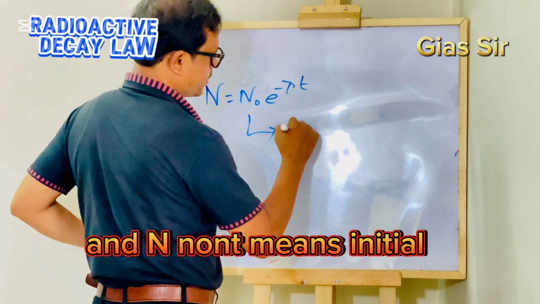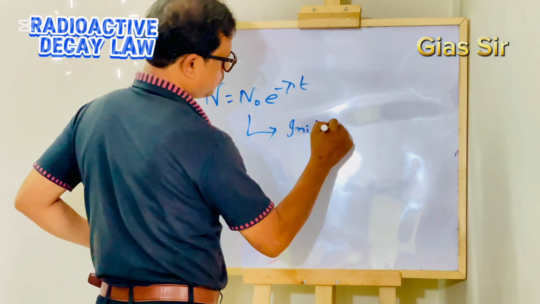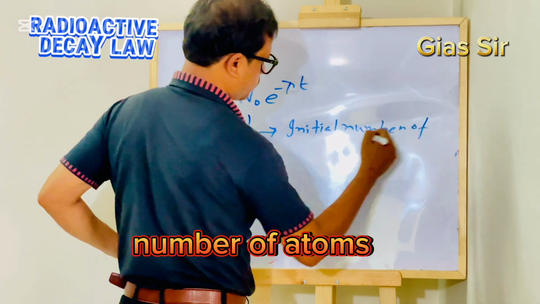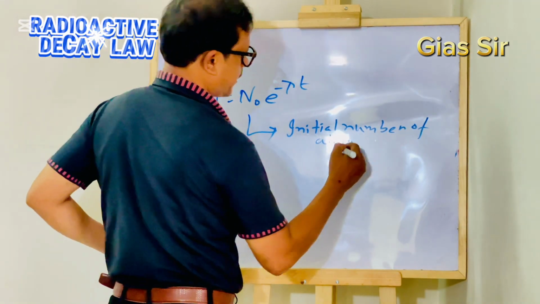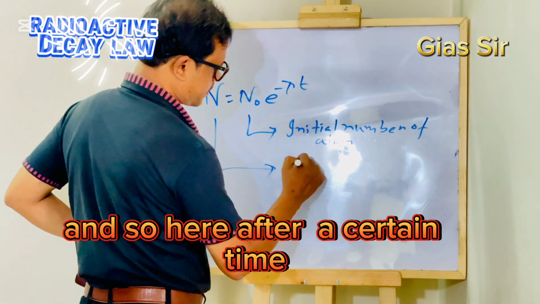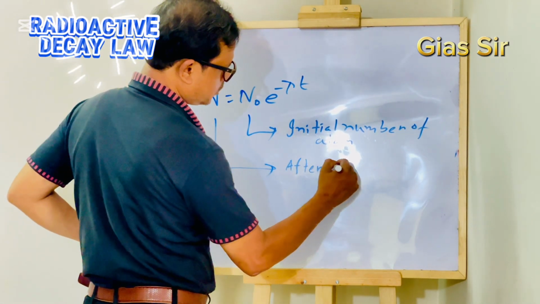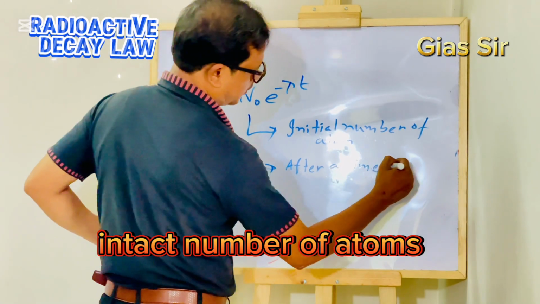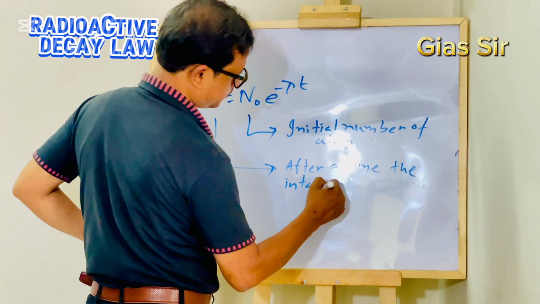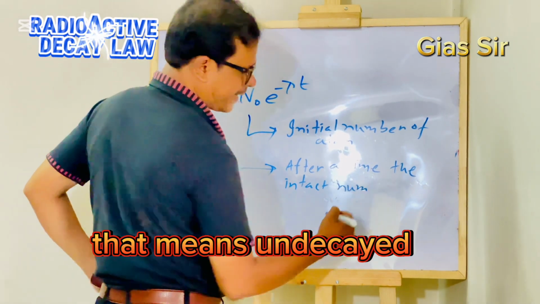N naught means the initial number of atoms. And after a certain time, N is the intact number, that means the undecayed number.